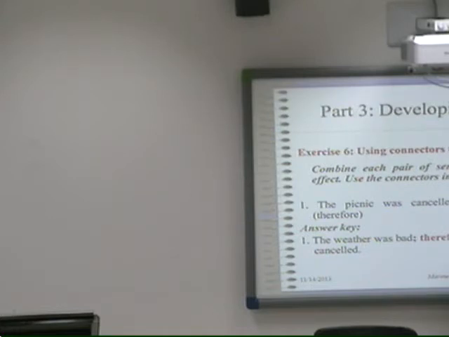I think the effect is many farmers moved to California, and the cause is the Great Depression was devastating. So, the Great Depression was devastating. As a result, many farmers moved to California.